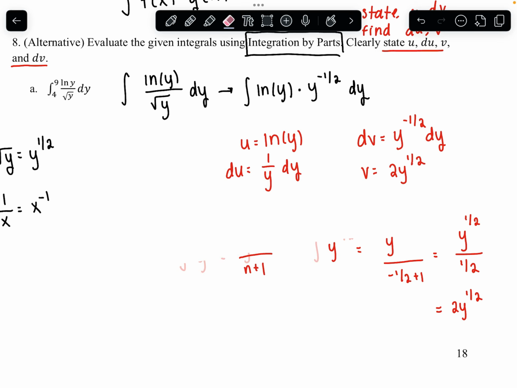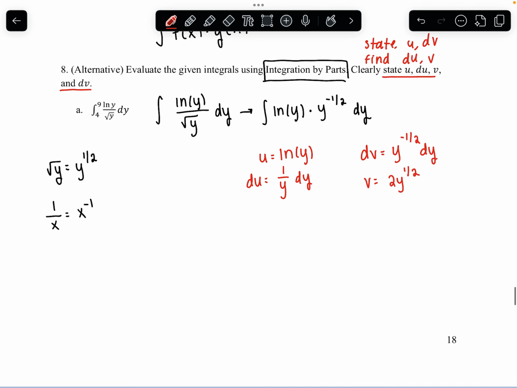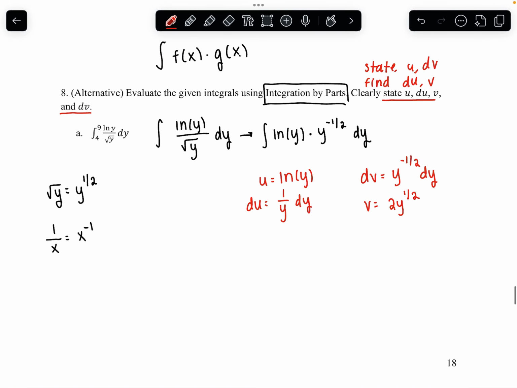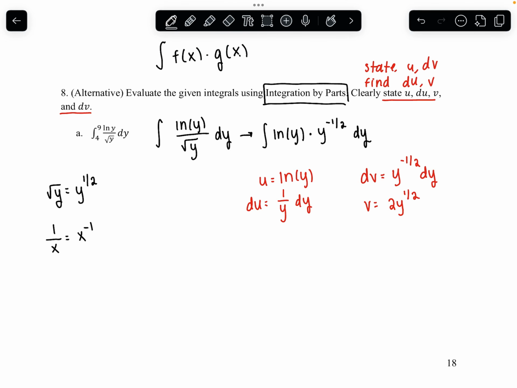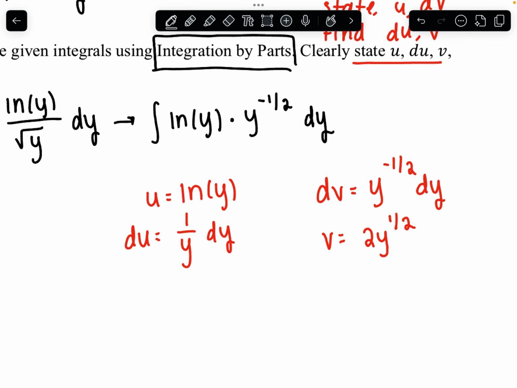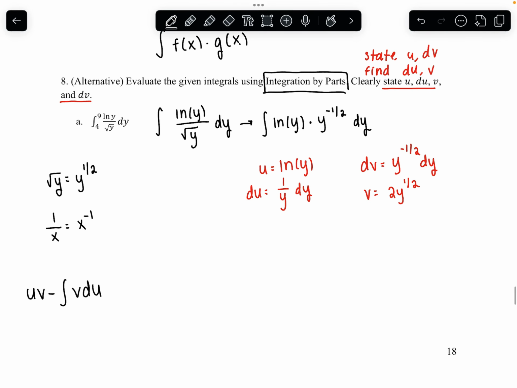Now, I'm not sure if the formula is on the cheat sheet you get, but we do need to use the formula for integration by parts, which is u times v minus the integral of v du. I like to write it this way so it's easy for me to remember.